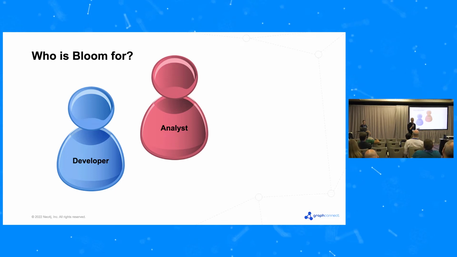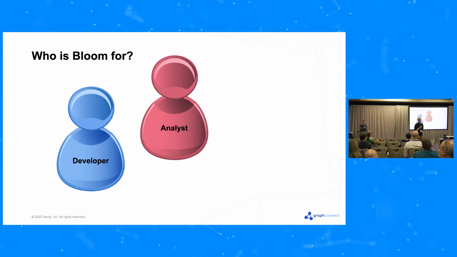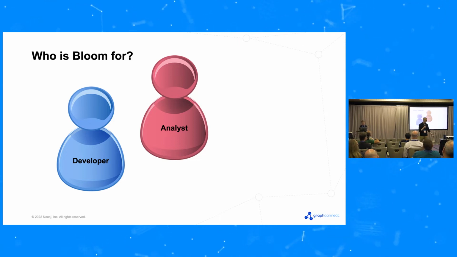So Bloom is for developers in that way, but Bloom is also for developers in that you can just use Bloom to get a sense of your data, to understand what's in the database, to see all of the different nodes and relationships, and think about how you might want to leverage those for the application you might be building.